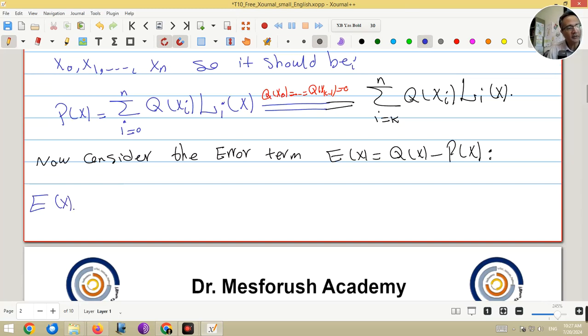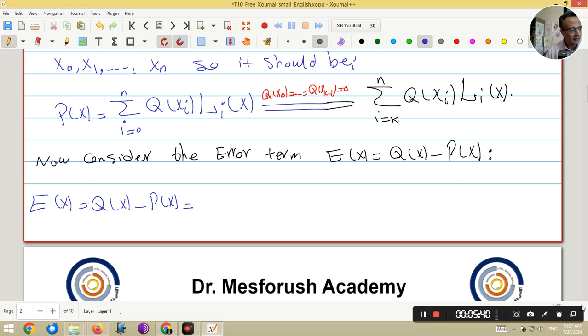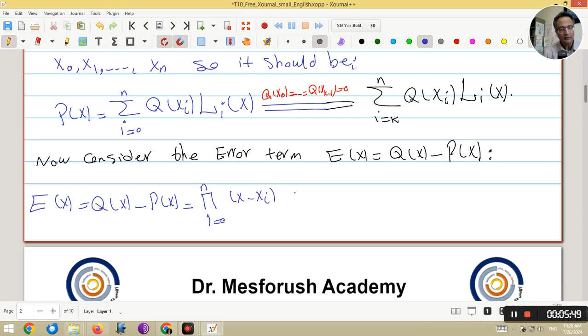By the theorem about the error term, E of x will be equal to the product for i equal to 0 to n of x minus xi, times the n plus 1th derivative of q at eta, over n plus 1 factorial.